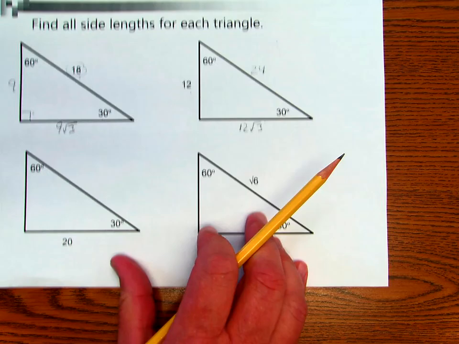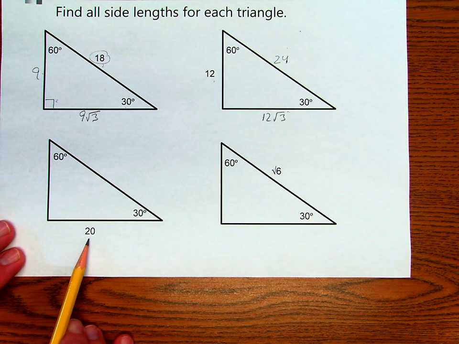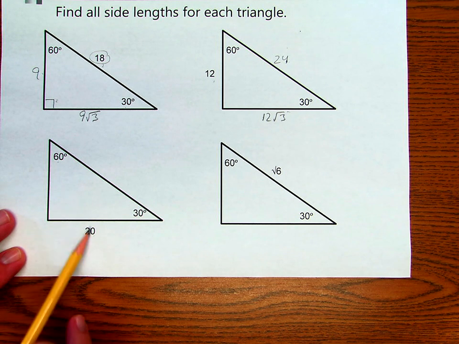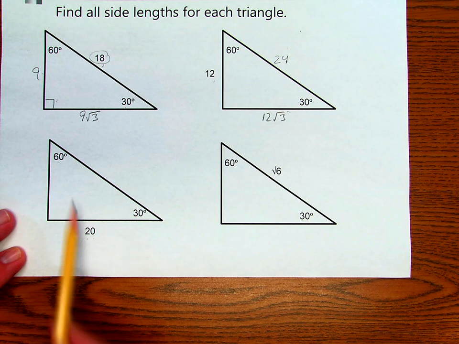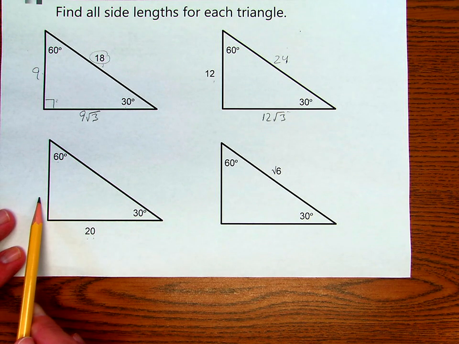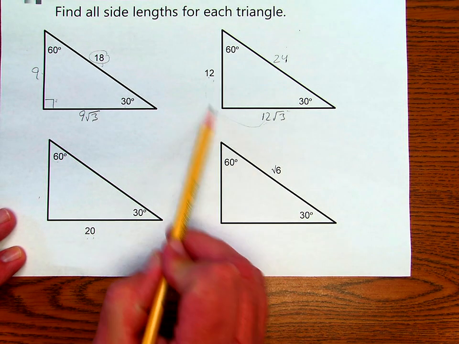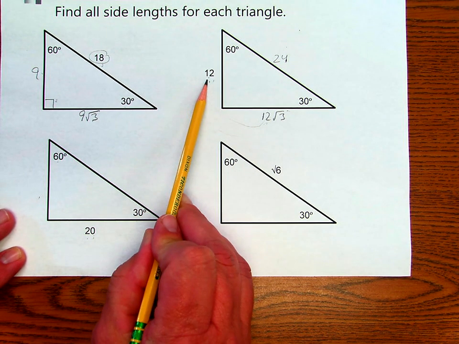You don't always have a root 3 in that happy place. So, for example, with this one down here, the side that they're giving us is the one across from the 60. That doesn't have a root 3 in it. Anytime you know the side that's across from the 60, we want to go to the shortest side by dividing by root 3. If you're multiplying by root 3 to go in this direction, it means you divide by root 3 to go in the other direction.